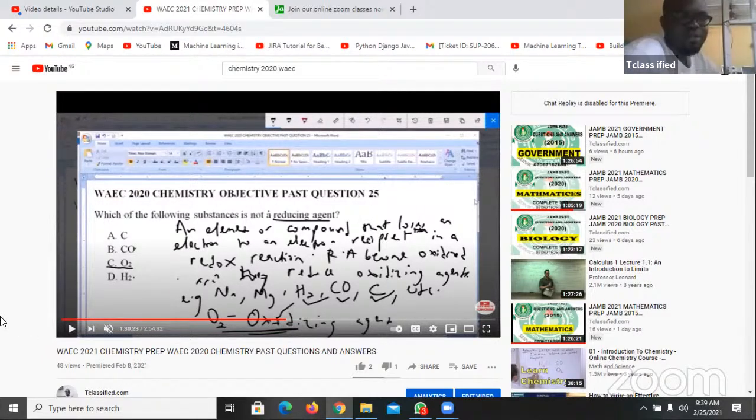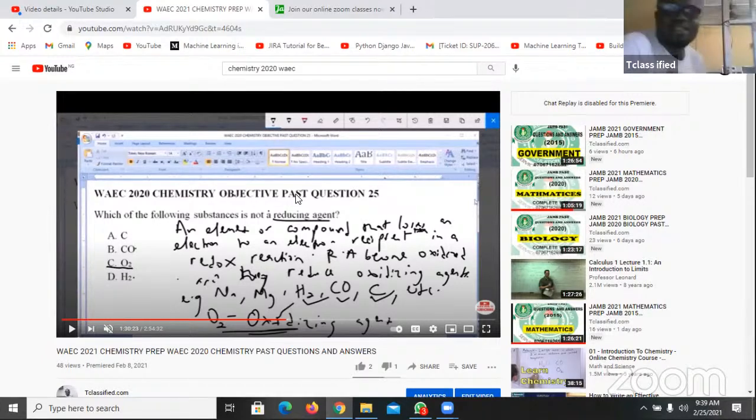Which of the following substances is not a reducing agent?